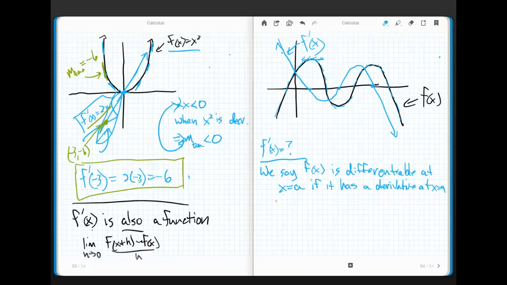Now, this really begs the question: when is f of x not differentiable?